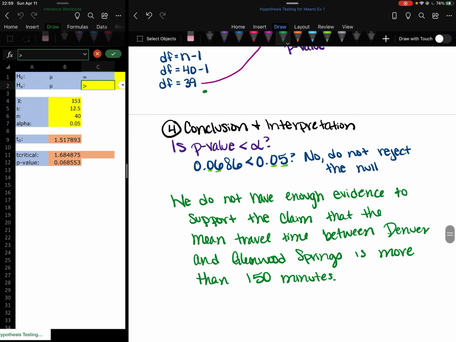And then we came to our conclusion that the p-value 0.0686 was not less than 0.05. So that means we do not reject the null hypothesis because p was not low. So do not reject the null. And that means that we do not have the evidence we need to support the claim that the mean travel time is more than 150 minutes between Denver and Glenwood Springs. And that's the first hypothesis test example.